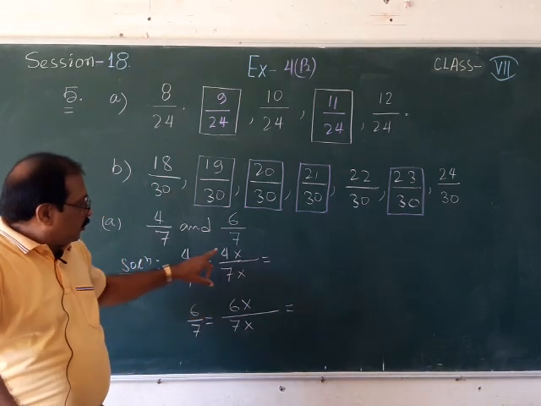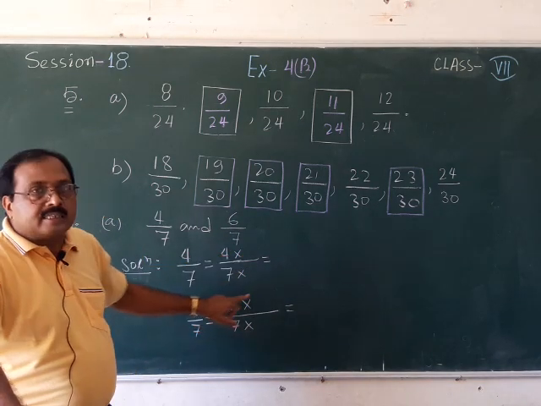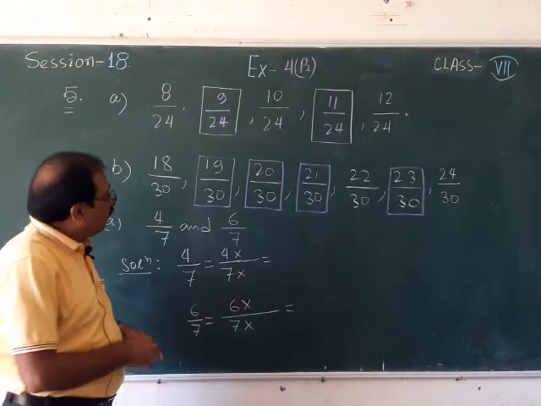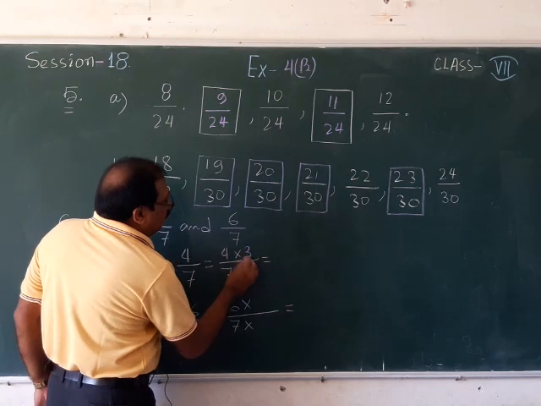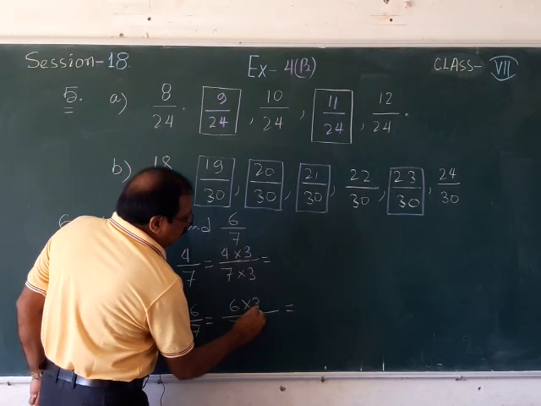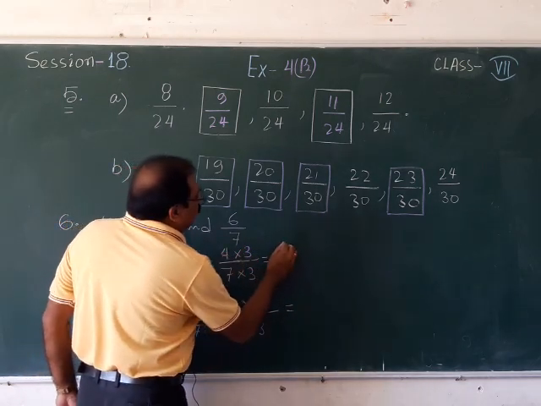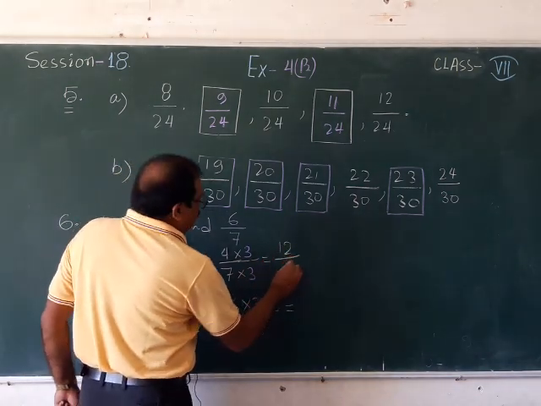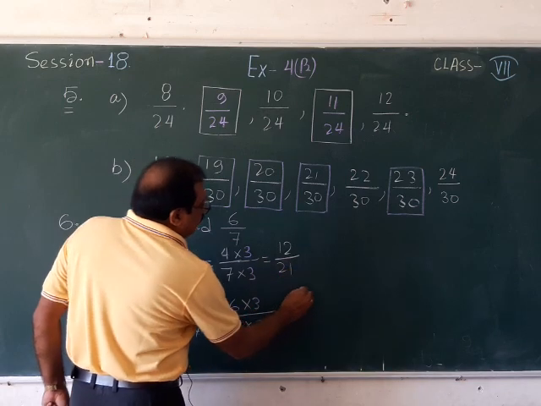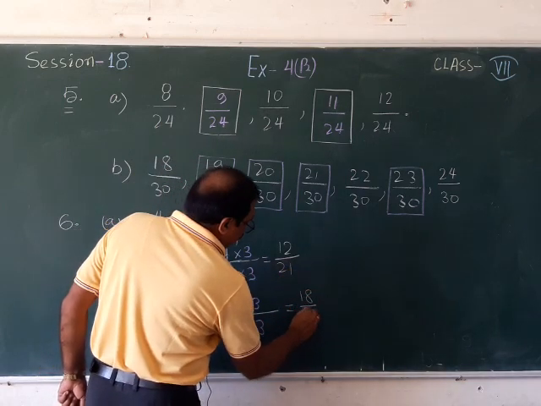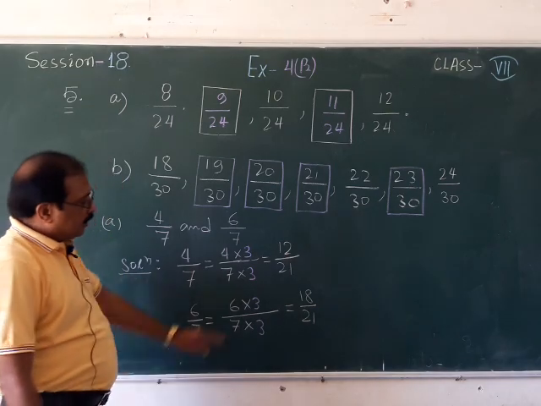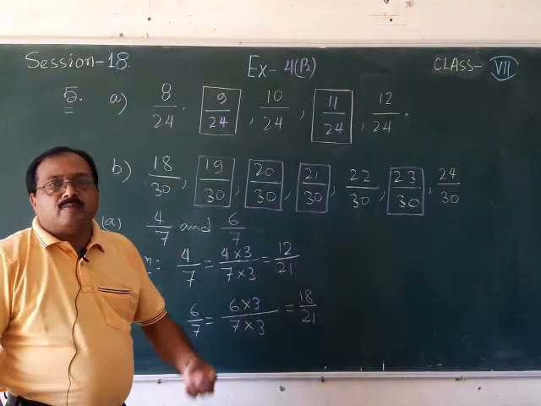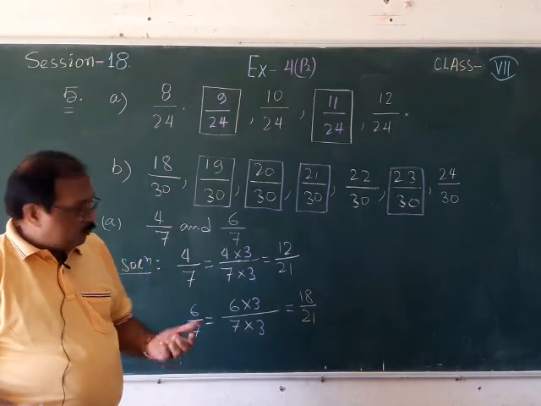In between 4 threes are 12 and 6 threes are 18, you are having 4 numbers. So you can multiply the numerator and denominator by 3. Ultimately you are having 12 upon 21, and here you are having 18 upon 21. Now you can see in between 12 and 18, you are having 13, 14, 15, 16, 4 numbers you are getting.